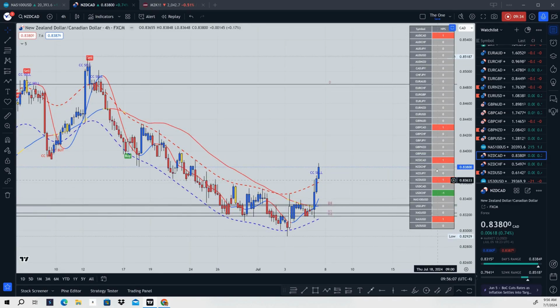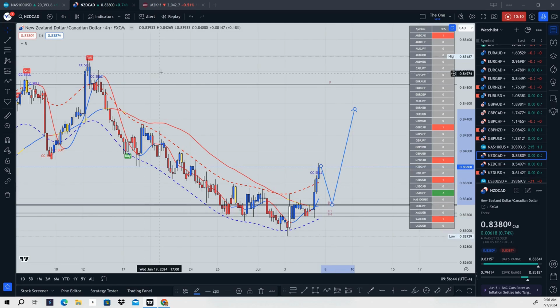So we have a signal here for a sell on the 4 hour time frame, and all we're looking for price to do is simply pull back to go higher. So the trend that we want to catch here is the buy trend here on NZD CAD. Not saying that we can't get a quick 40 pips off the pullback, we definitely can. But if you want to catch the trend, you're going to be looking to buy NZD CAD this week.